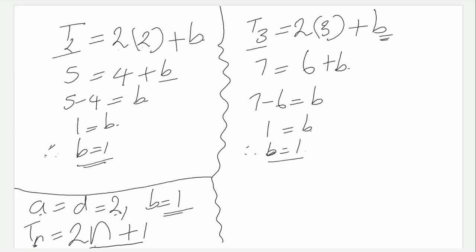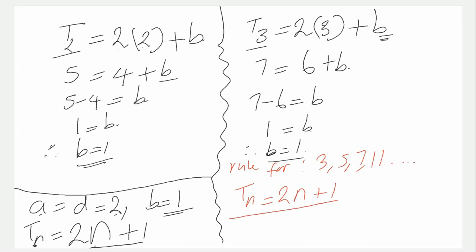So the general rule for our sequence, which is 3, 5, 7, 11, is Tn equals 2n plus 1.